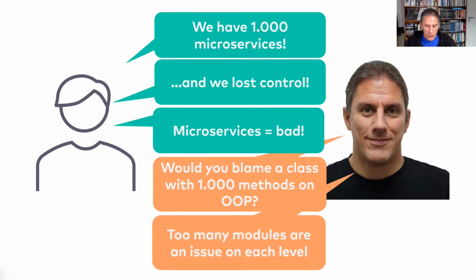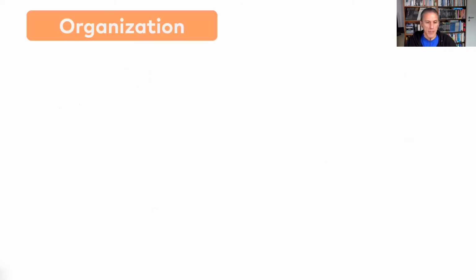So I would argue if you have too many modules and if you have that mess, it's because you have a problem with your modularization. And if you look at modularization, it's probably surprising to see that I start with the organization as a module.